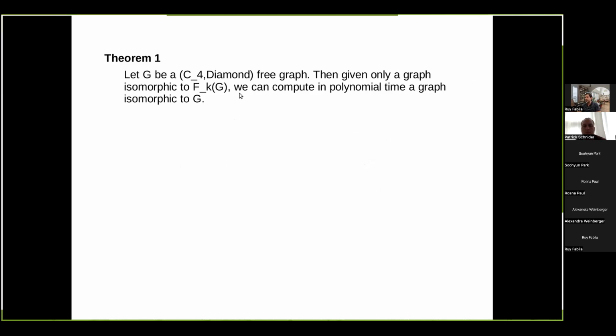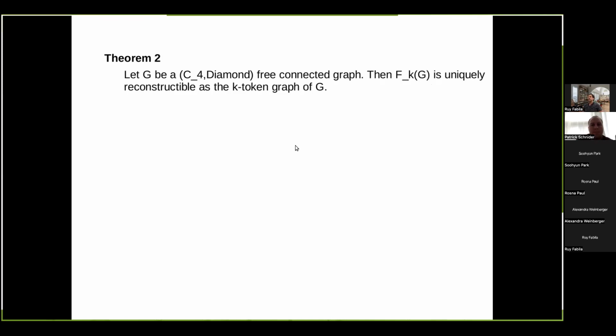It can contain them as a subgraph, but not as an induced subgraph. Then, given only F, a graph isomorphic to Fk of G, we can compute in polynomial time a graph isomorphic to G. So we found a polynomial time algorithm to give you a graph isomorphic to the underlying G. Moreover, we were able to prove that it's unique, that it's reconstructible.